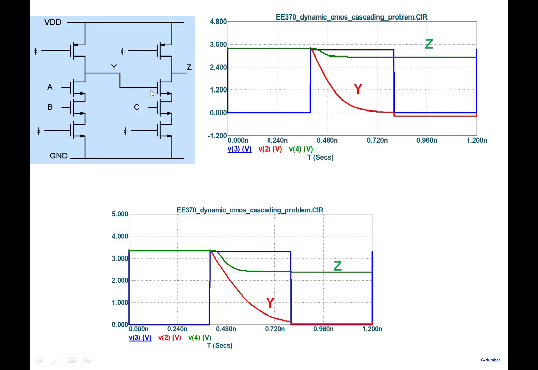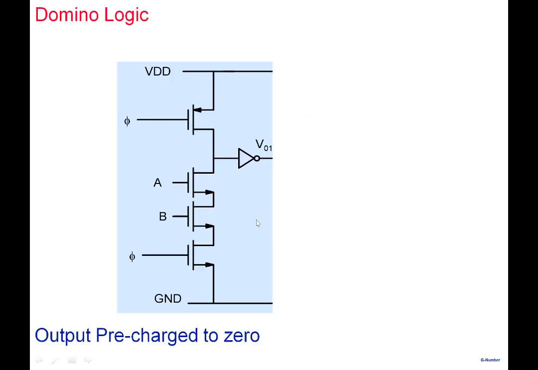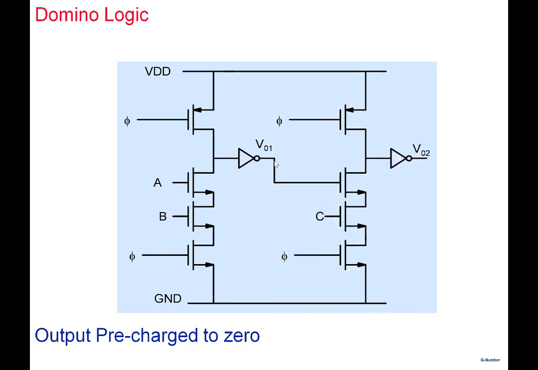And that's why, depending on the value of C and all that, it causes a problem. But suppose I add an inverter here to this particular gate. I still pre-charge it to 1 here, but the output here is 0. Now note that if I add the other gate, you'll see that there will be no problem.